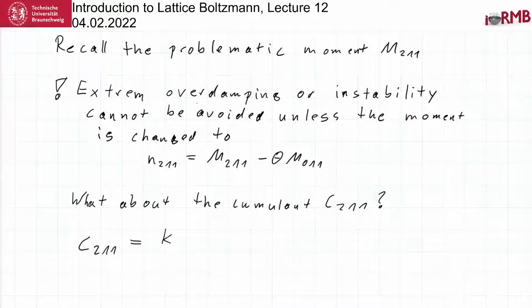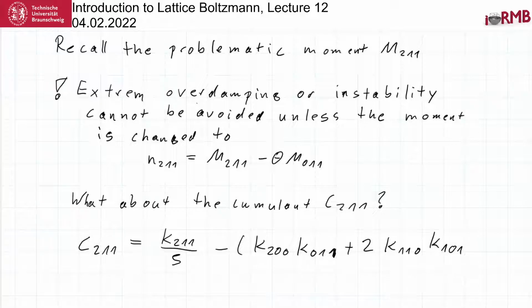C211, if we expand this in terms of central moments, we get K211 divided by rho, minus K200, K011, plus 2 K110, K101, and we've already eliminated all parts that are related to the first order central moments because we know that they are 0. And this is not rho to the power of 1, but rho to the power of 2.